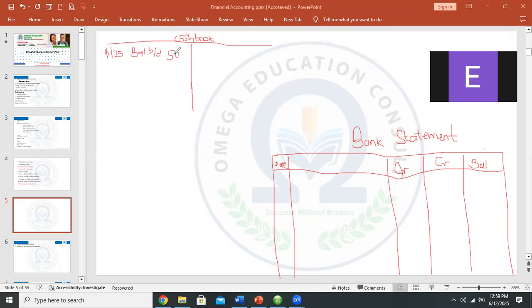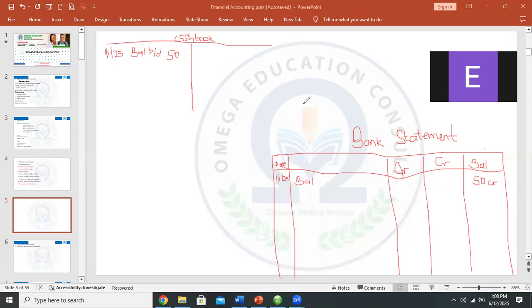Now this debit balance, on your bank statement, you see the same date, 1st January 25. You see balance. And that will be here 50 cedis. Now look at what is interesting about this bank statement. If you have a debit balance in your cash book, on your bank statement, that balance is a credit.